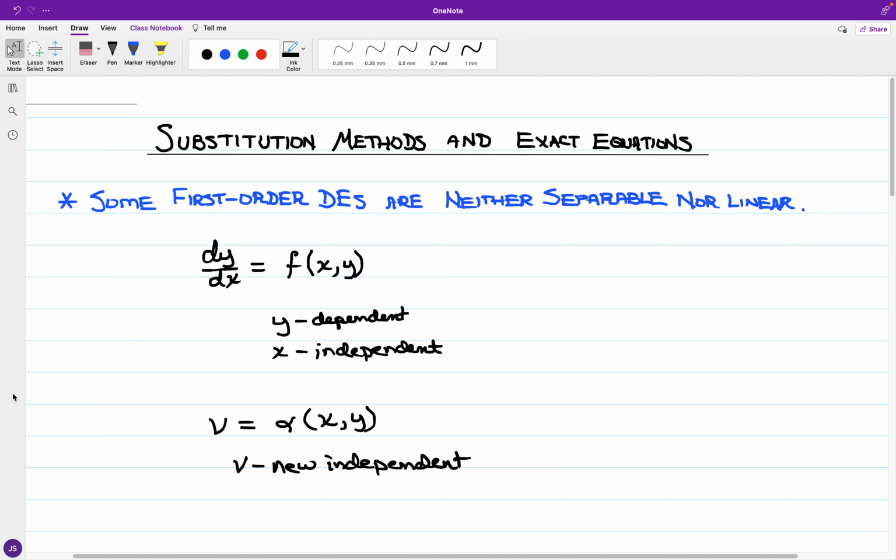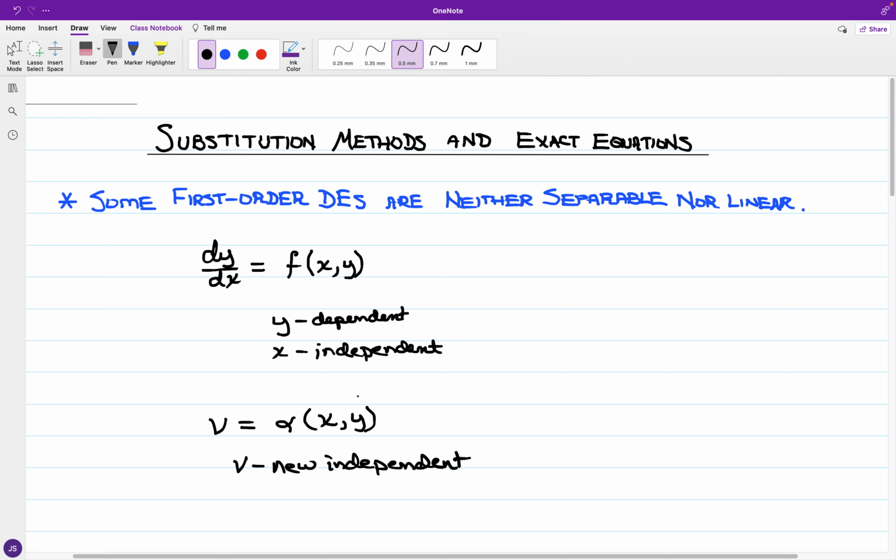Say we have dy over dx is equal to a function of x and y, where y is the dependent variable and x is the independent variable, and where substitution methods might come into play.